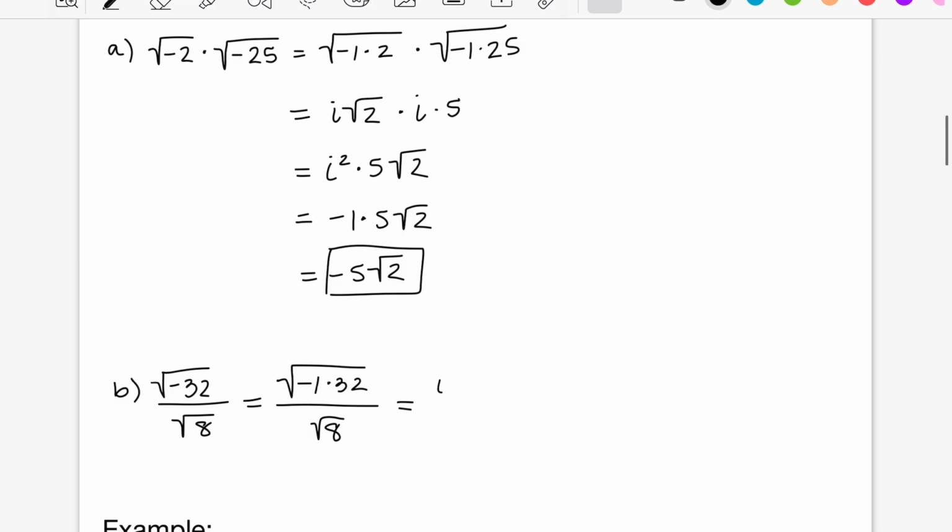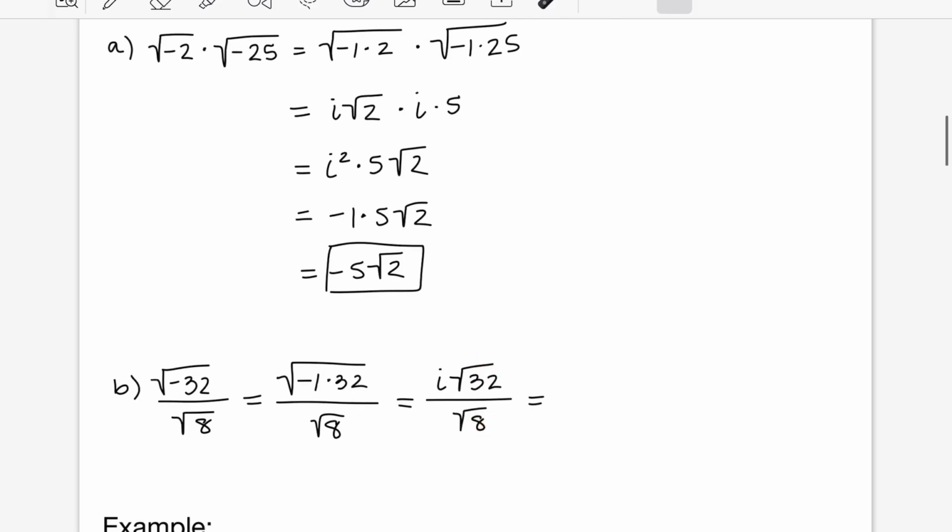So in the numerator, this becomes i times the square root of 32. And we know that when we divide two square roots like this, it's the same as taking the square root of their quotient. And so in this case, we have 32 divided by 8, which is just 4, so we get i times square root of 4 here.